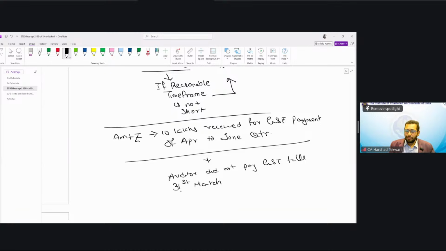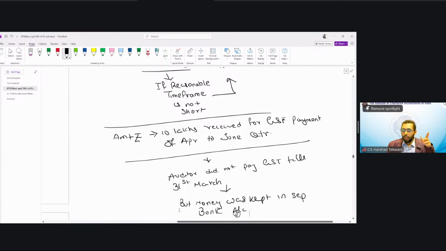So nothing was paid till 31st March 26, but the money was kept in a separate bank account. Now tell me, will you apply clause 10 or not?